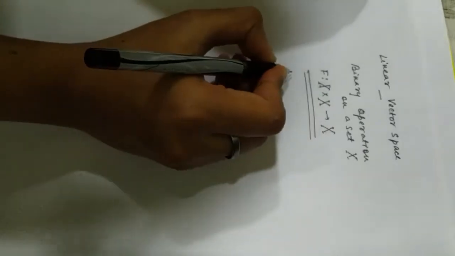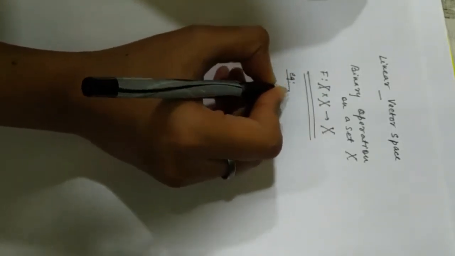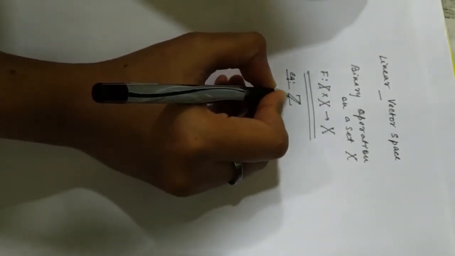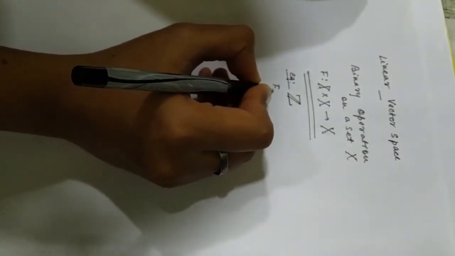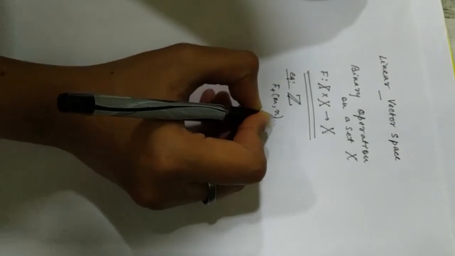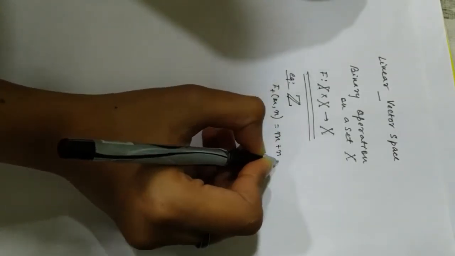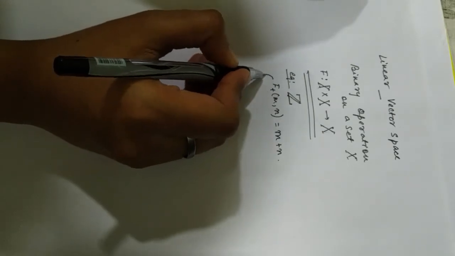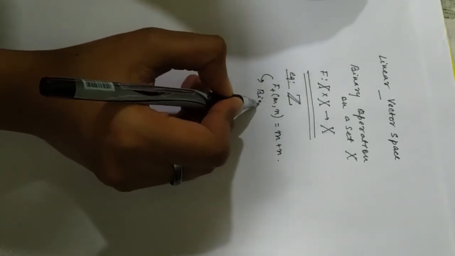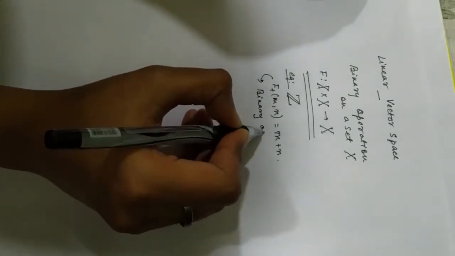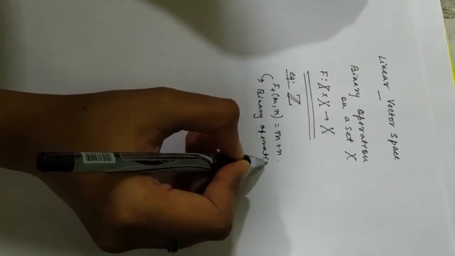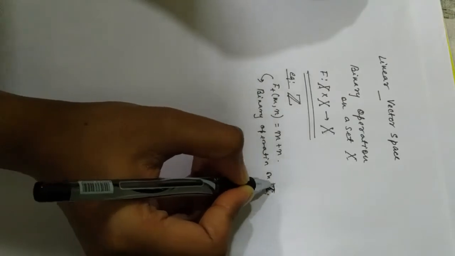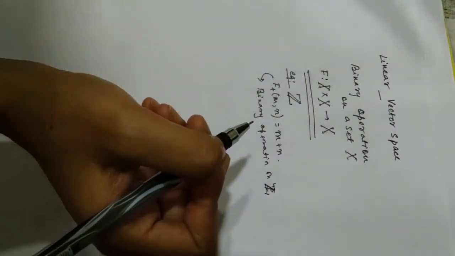I can cite a very simple example. Say we consider the set of integers, and addition on integers is defined by m + n, you know that. So this is a binary operation on Z, because on adding two integers you will always get an integer.